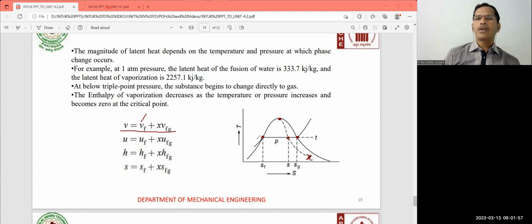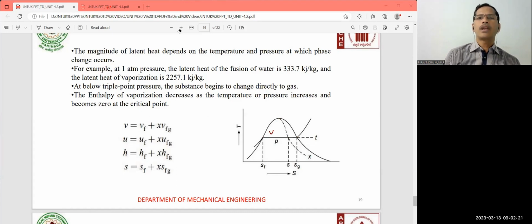And in between, you have to apply within this dome shape: V is equal to Vf plus X Vfg, U is equal to Uf plus X Ufg, where X is nothing but the quality of a steam. S is equal to Sf plus X Sfg. So this is how a student has to apply for making the calculations of this particular thing.